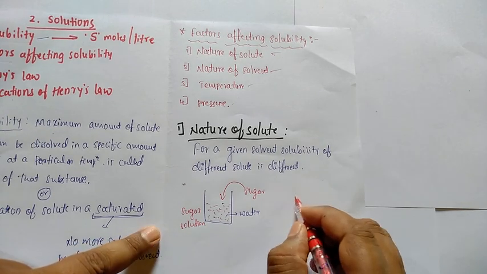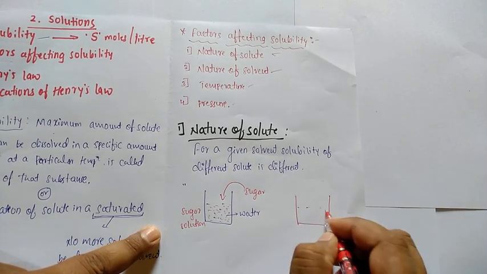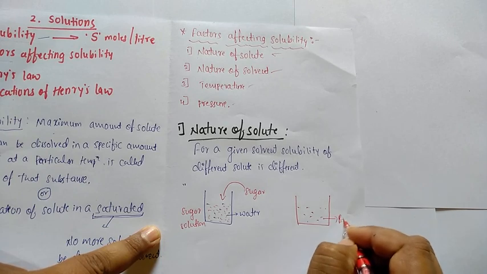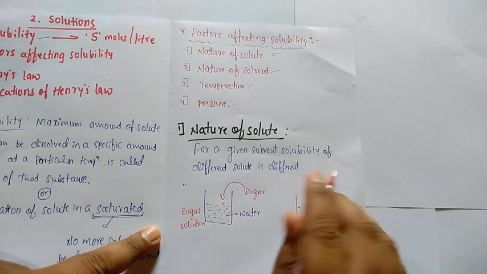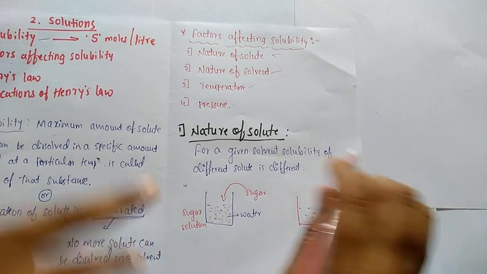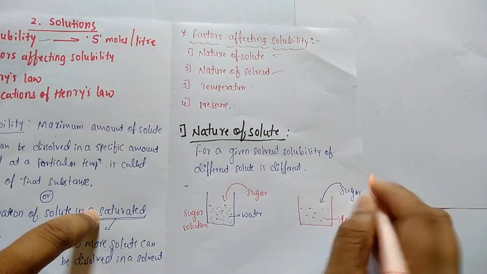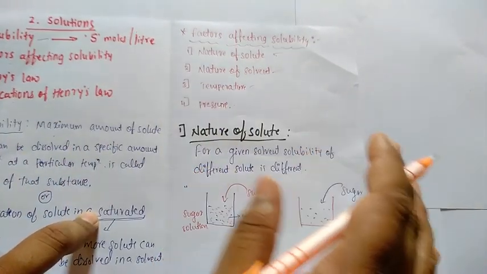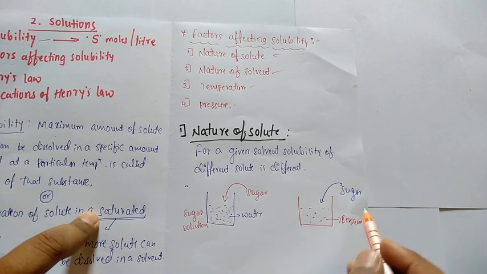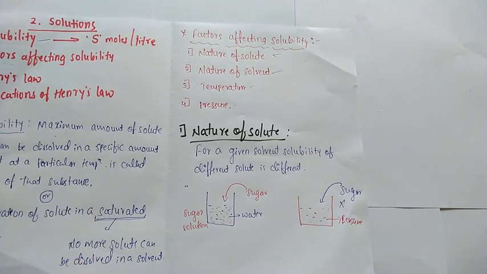And one more example: take benzene liquid, which acts as a solvent, and add sugar to it. Here sugar does not dissolve in benzene. Like dissolves like: a polar solute dissolves in a polar solvent only, and a non-polar solute dissolves in a non-polar solvent only.